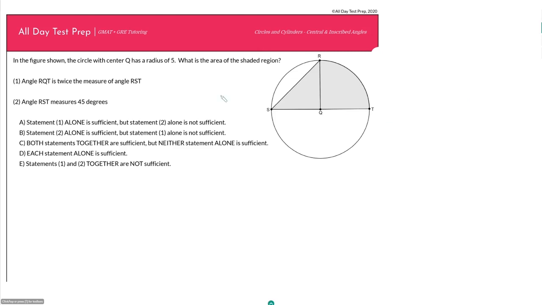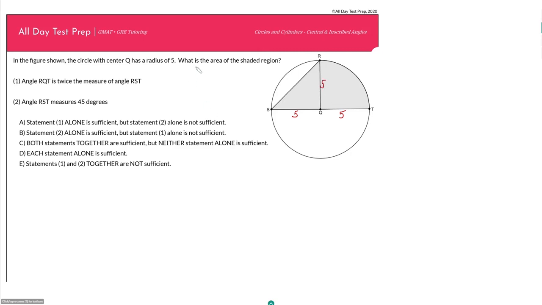And so we start by filling in our diagram. On the GMAT, you cannot write on your screen, so I always take the time to carefully redraw my diagrams so that I can label them clearly. So we have a radius of 5. That means SQ is a radius, so that is equal to 5. TQ is a radius, so that is equal to 5. RQ, don't forget about that. That is also a radius. It's also equal to 5.